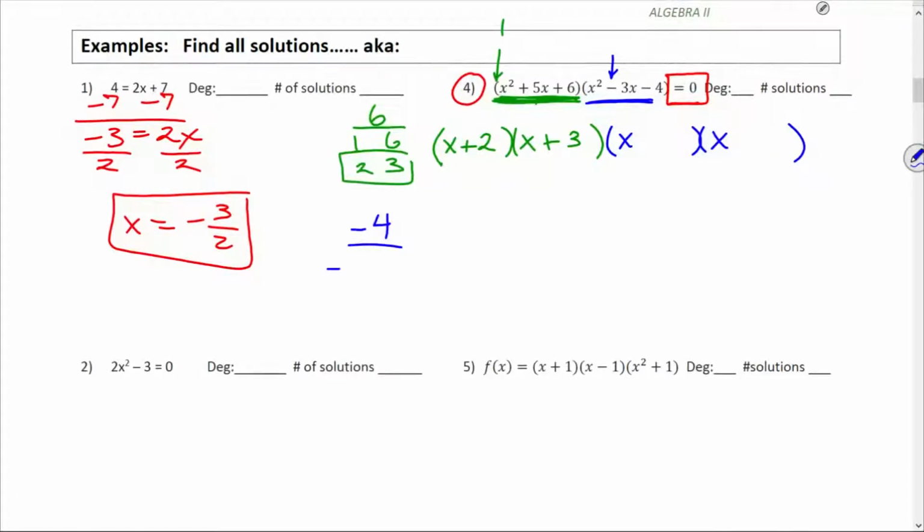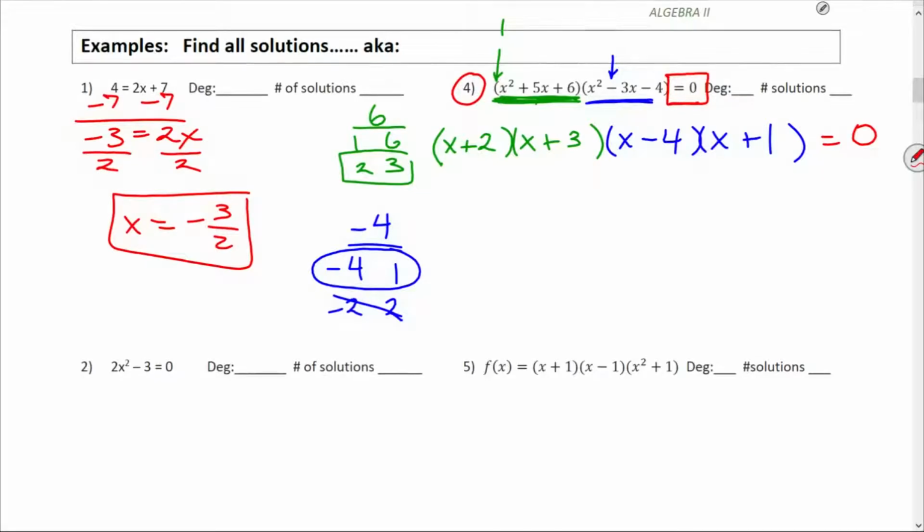So let's see, -4 and +1, and -2 and +2 won't give me a -3. So -4 and +1 is the pair I want to get -3. So I get x minus 4 and x plus 1, and then don't forget that you still have an equals 0. I know if you've been focusing on factoring and factoring, you may forget about that equal sign, but you don't lose your equal sign. When you're solving an equation, keep your equal sign.